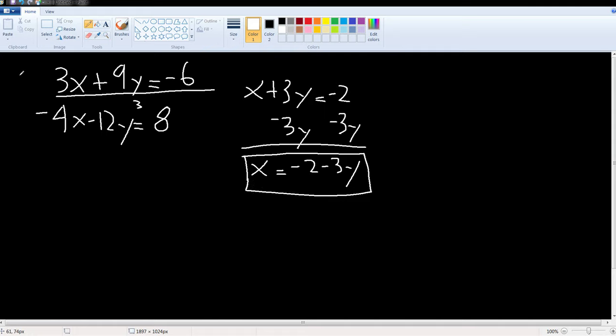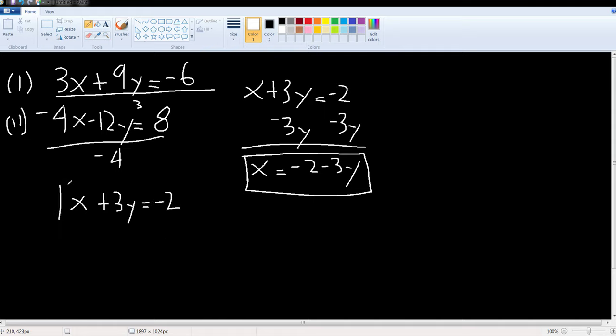If you look at the second equation, let me label these. We can also divide by -4 everywhere, so the equation still stays the same. -4x divided by -4 is just x. -12y divided by -4 is just plus 3y. 8 divided by -4 is equal to -2.